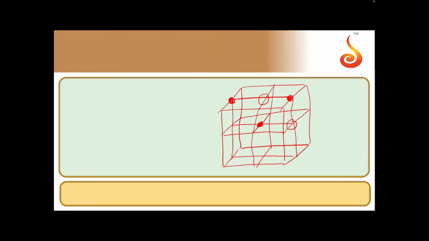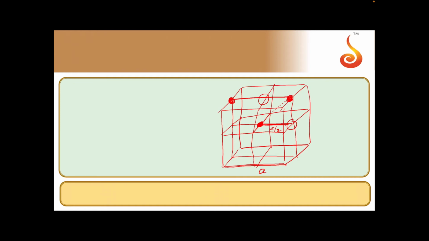Now from here to here, this distance, if you take it as A by 2, because this is the edge for us, A, this will be A by 2. And from here to here, this distance will actually be the diagonal only.